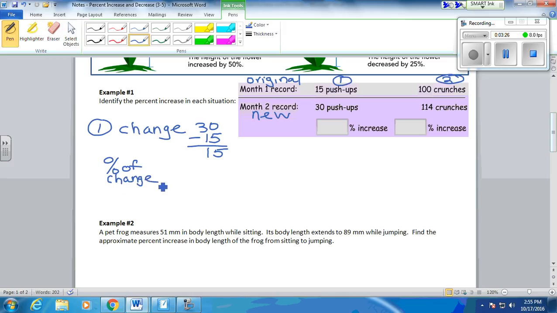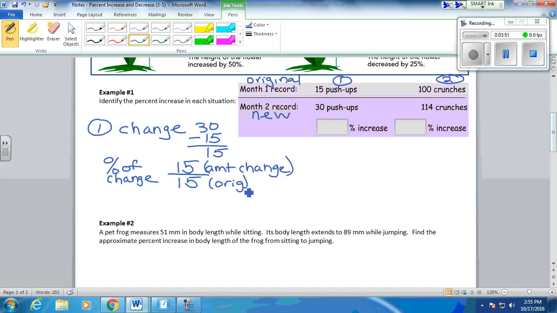The percent of change comes from the amount of change, which was 15. So I'm going to just put this in parentheses so you guys know where I'm getting this from. Divided by the original amount, and our original amount was month 1's record of 15, so that is our original, which I'll put ORIG.